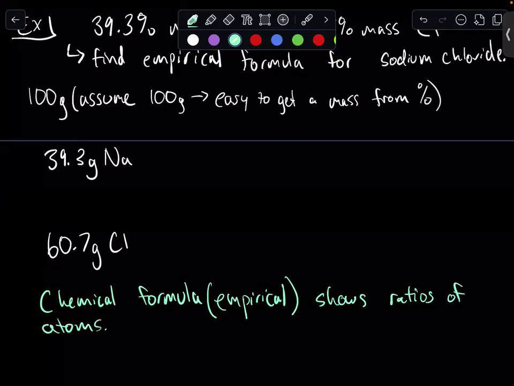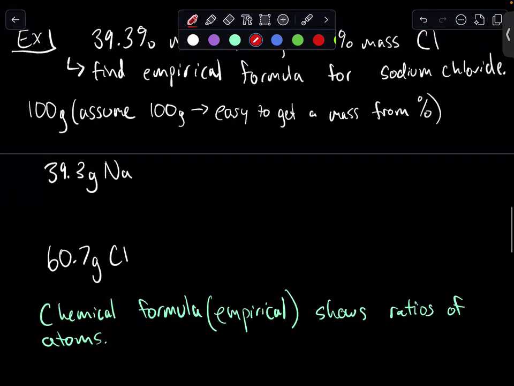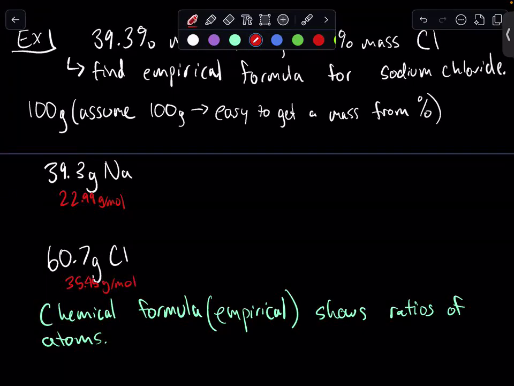Now, the problem is I know that sodium, via my periodic table, has a mass of 22.99 grams per mole. And I know chlorine has a mass of 35.45 grams per mole. And this is, of course, a molar mass, which means if I have a 1-to-1 ratio of sodium and chlorine, I have 1 mole of each, the masses will not be the same.